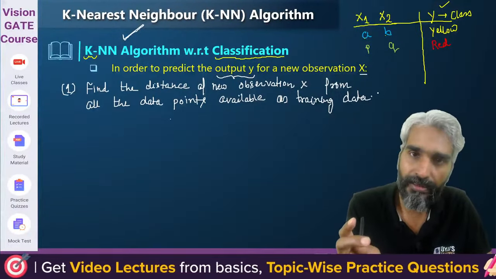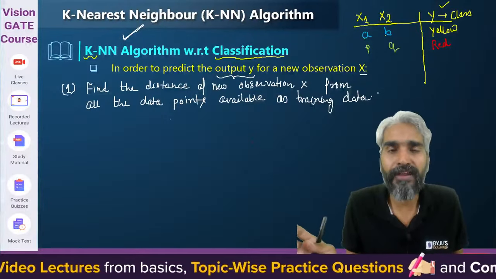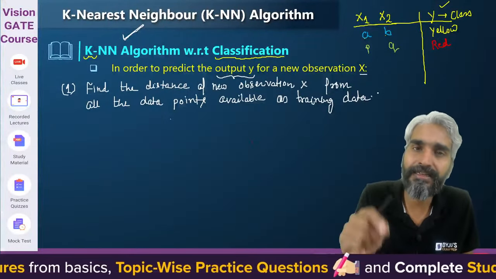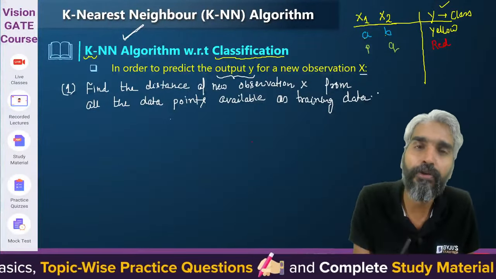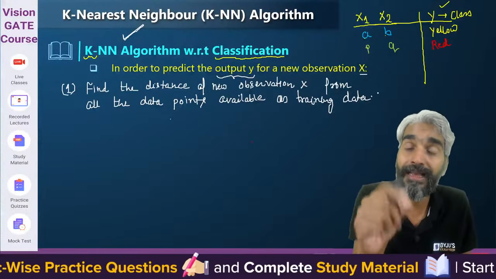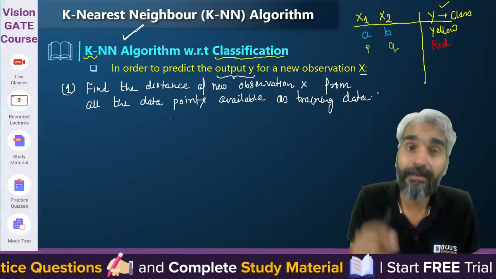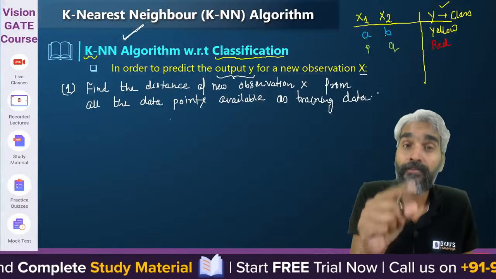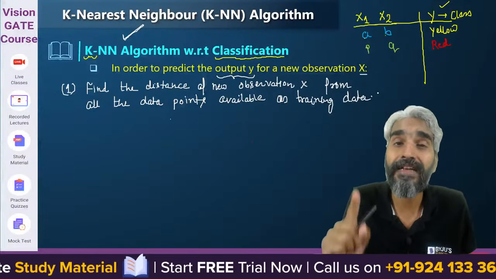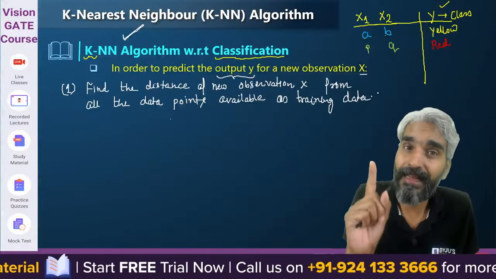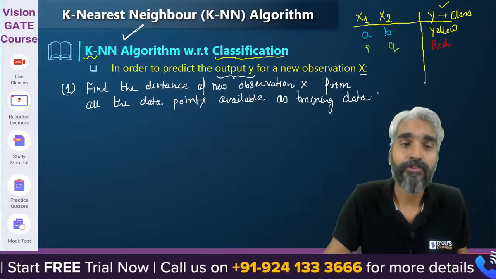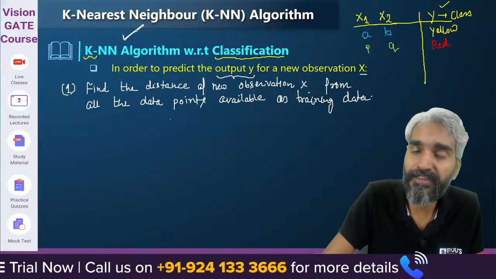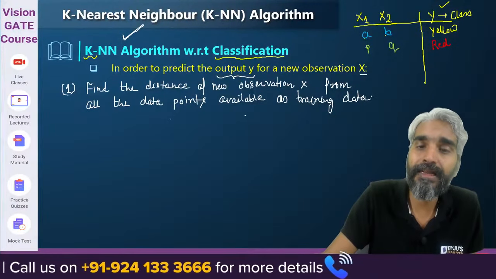If a new point comes and you want to classify which class it belongs to, first we need to identify its distance from all those 1 lakh data points, and it will be time consuming.